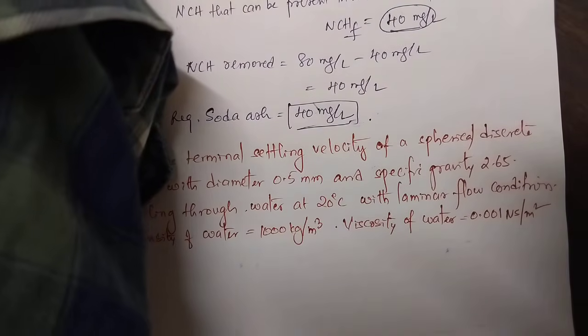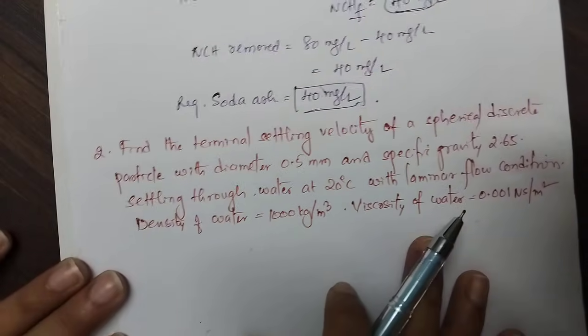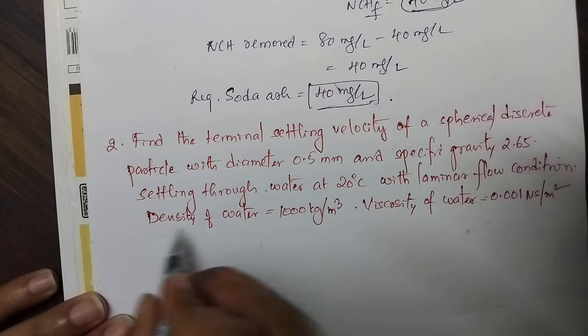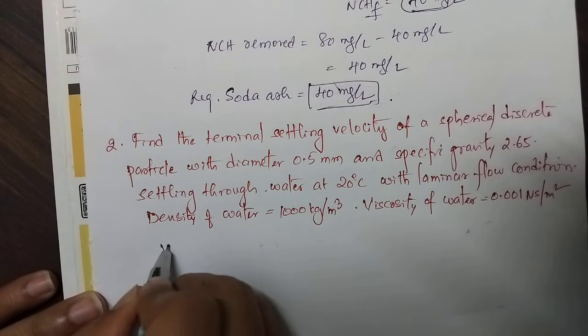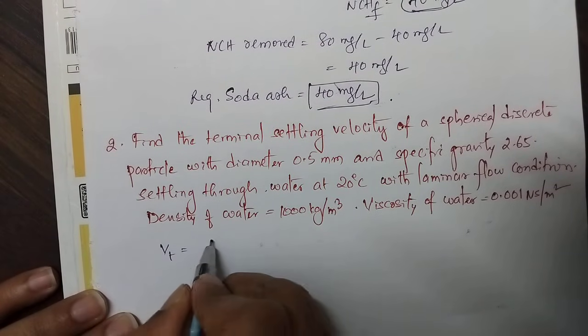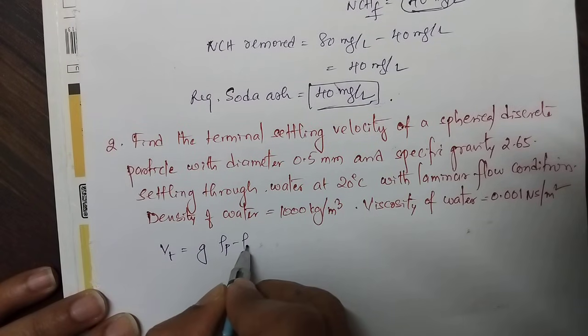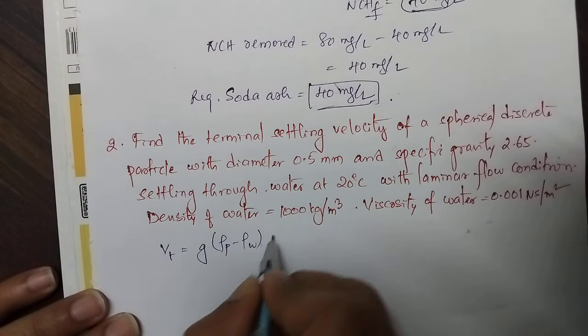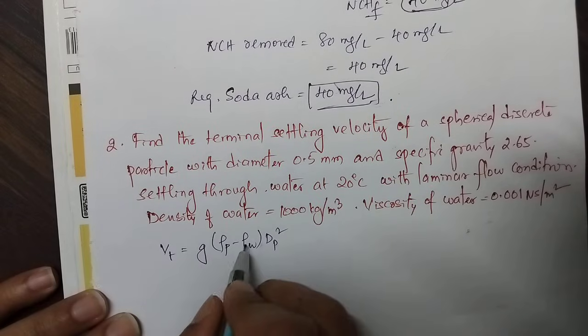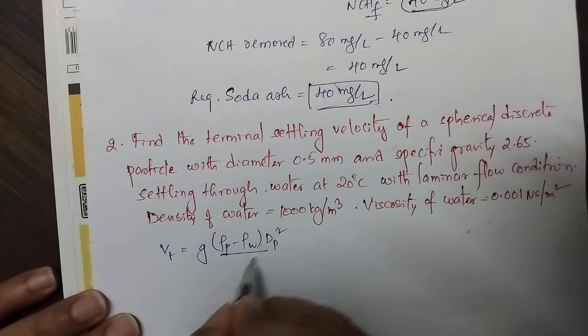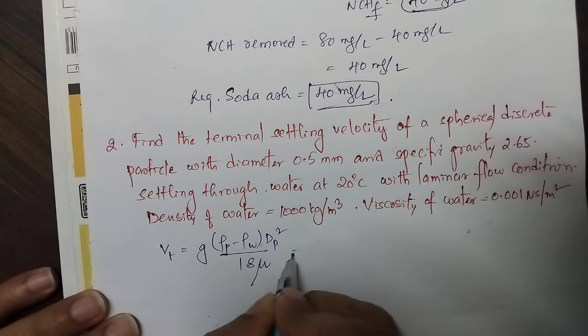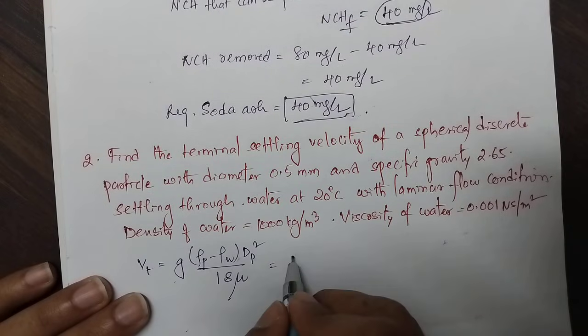So this is a direct substitution problem in the terminal velocity equation. Terminal velocity Vt is equal to g times density of particle minus density of water, times diameter of particle squared, divided by 18 mu. g is acceleration due to gravity, that is 9.8.